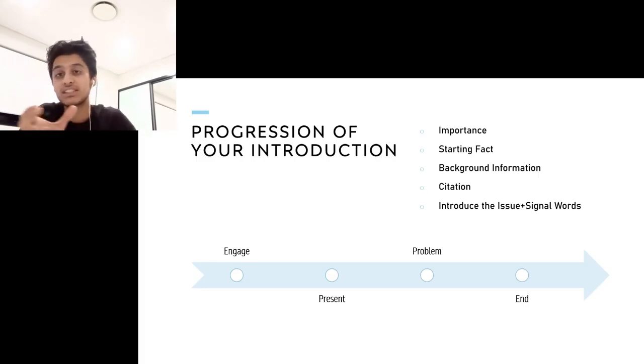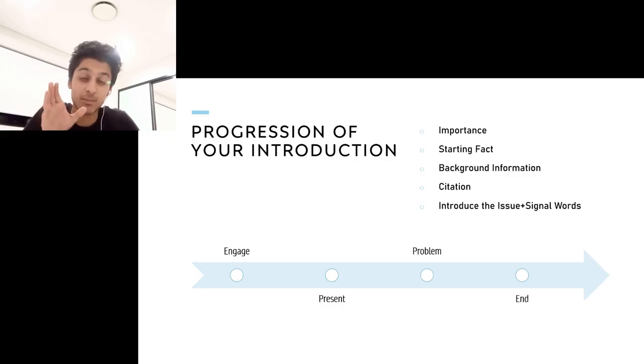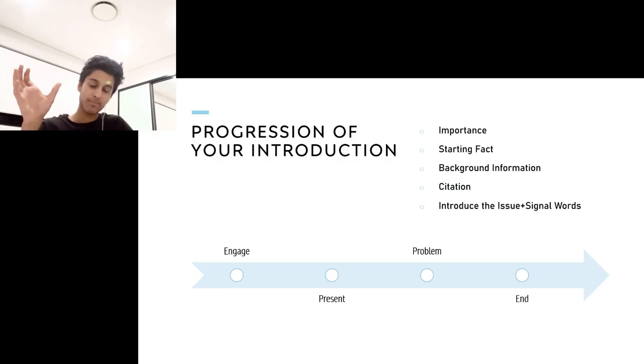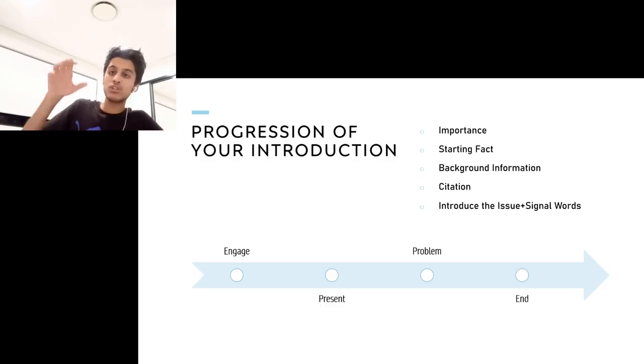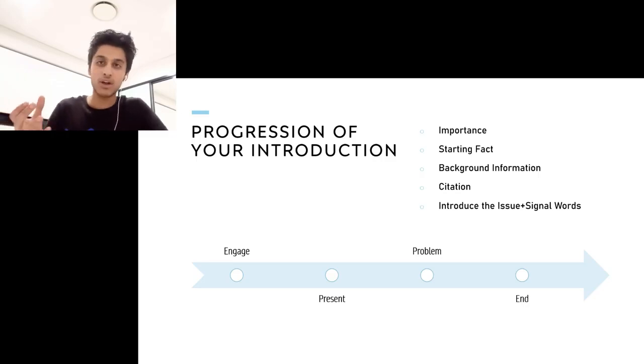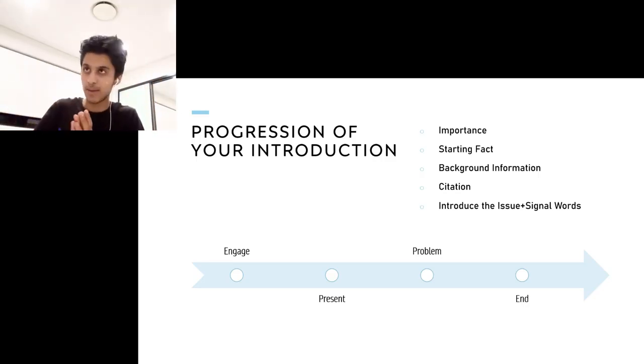So when you find that starting fact, you want to ensure that it is something that everyone can agree with. Now, when you're talking about the background information, you want to present it depending on in which way you want to take your paper.